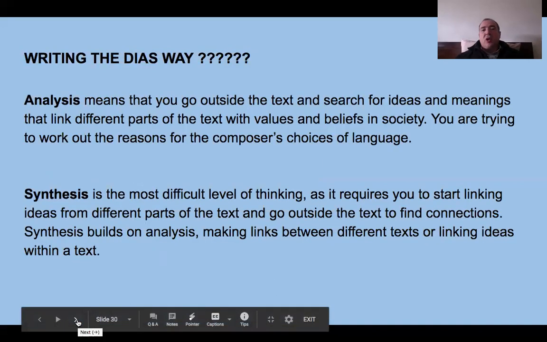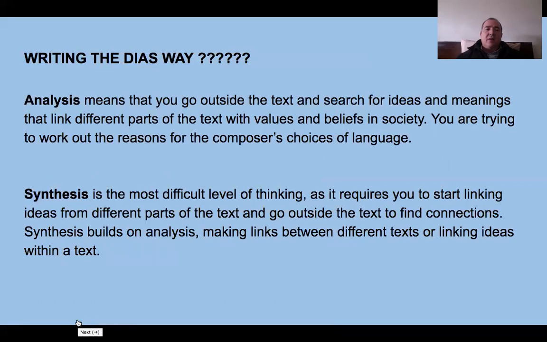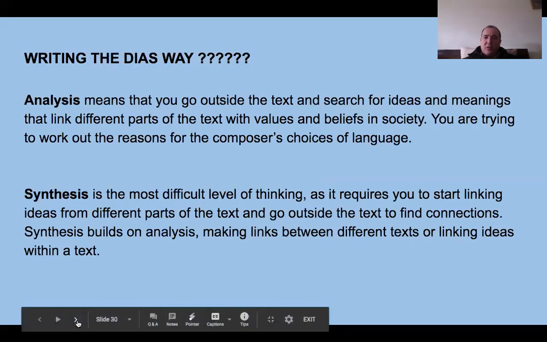Analysis means that you go outside the text and search for ideas and meanings that link different parts of the text with values and beliefs in society. You are trying to work out the reasons for the composer's choices of language. The why: why has he or she chosen this particular way of communicating to express the ideas in the text.